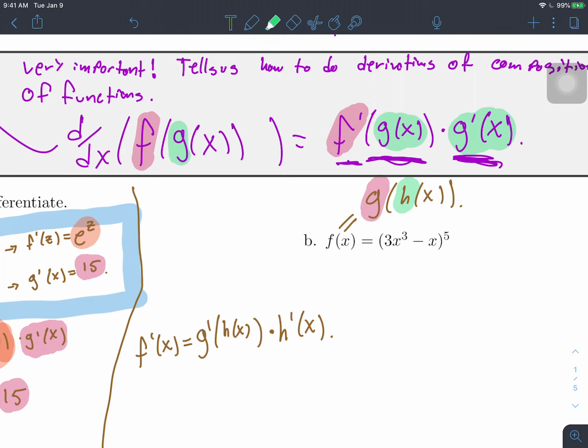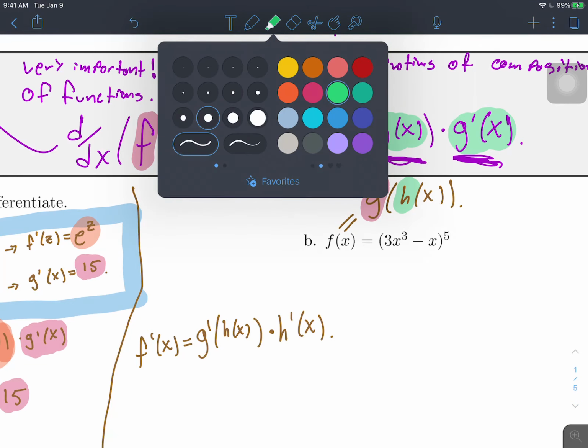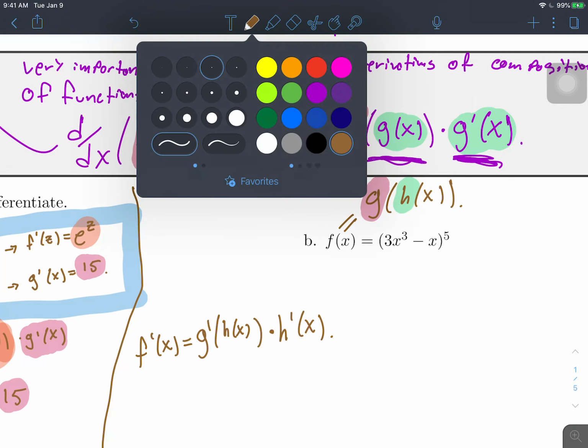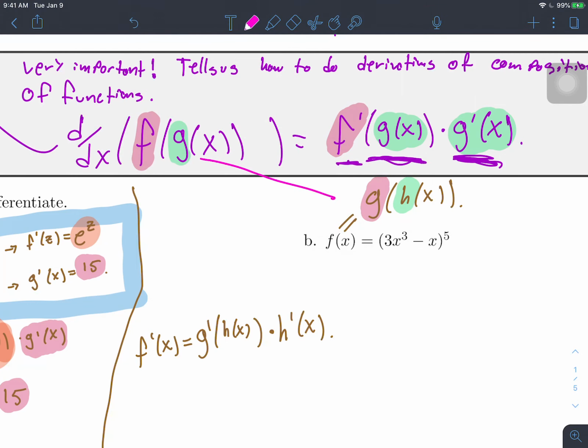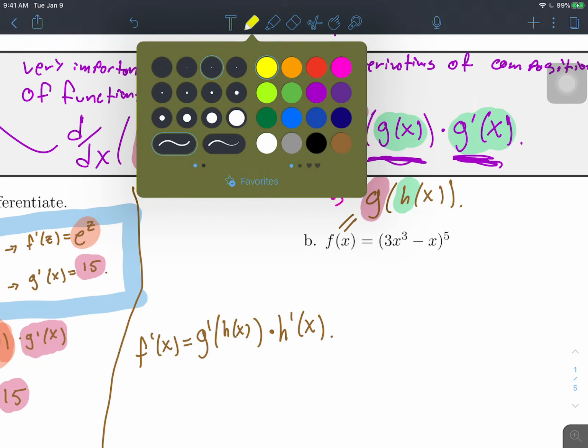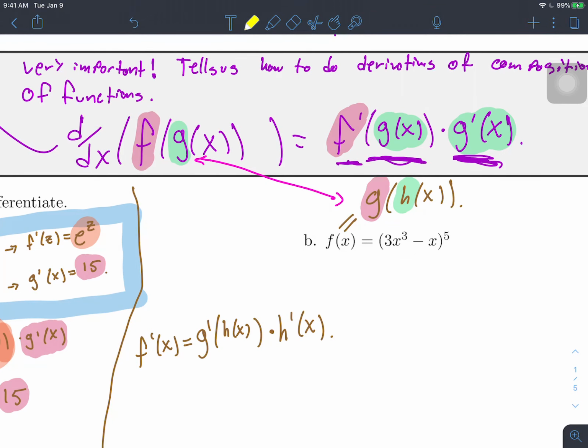Okay, so this part, this g of h of x that I just color coded, is kind of corresponding to this part right here. And then the other part is going to correspond to what is the derivative of that, which is this yellow line here.